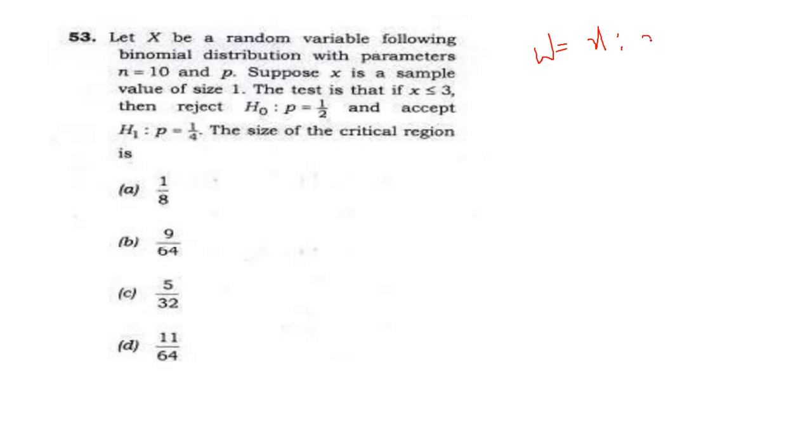This is our critical region, testing H naught: P equal to 1/2 against H1. So what is the size of the critical region? We all know that we can find the alpha value, and you can get the correct option for this question: rejecting H naught when H naught is true.